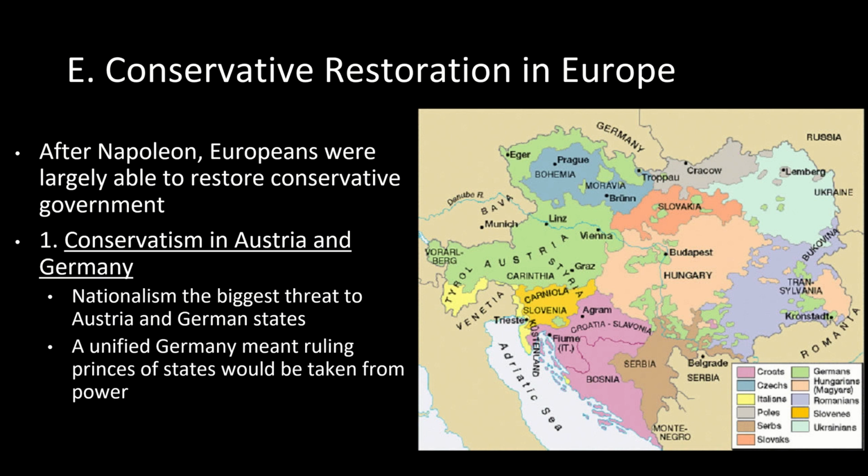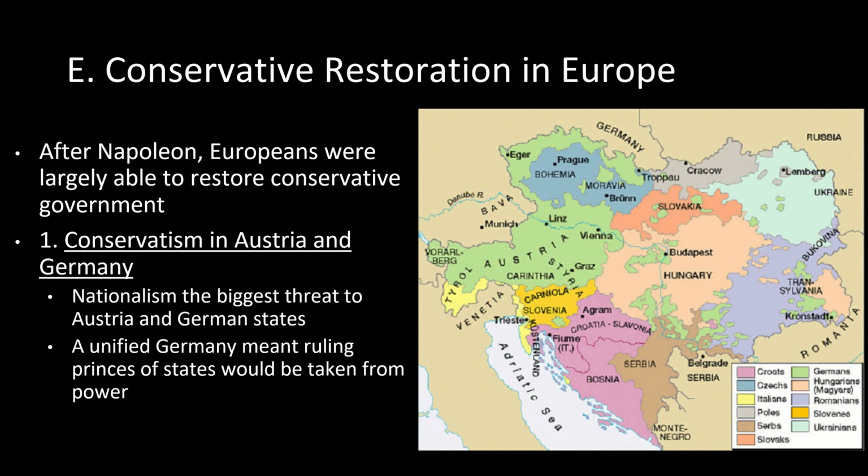One of the biggest things is that a lot of these states start to look around and think, we all speak German, we're all Protestant, we all have similar ideas of culture, whether they really did or not. They invented a lot of it when they became a nation. But they start to think, what if we united into a united German-speaking nation?